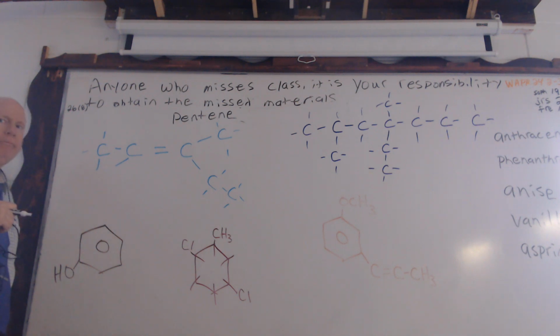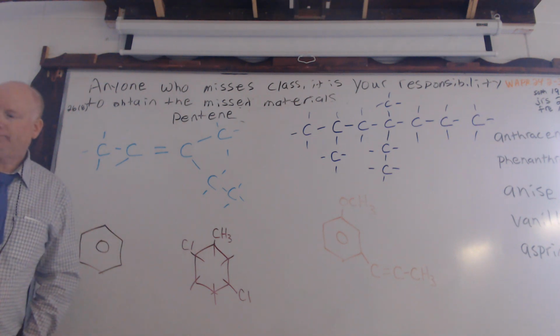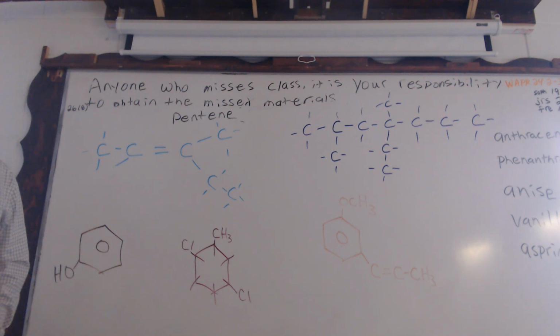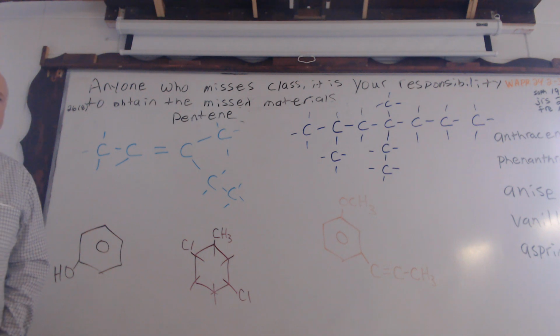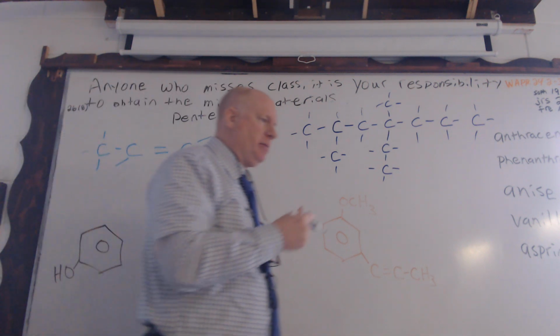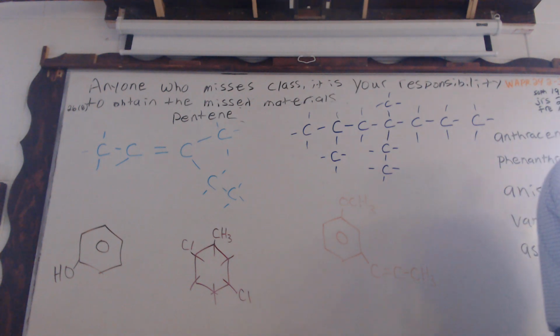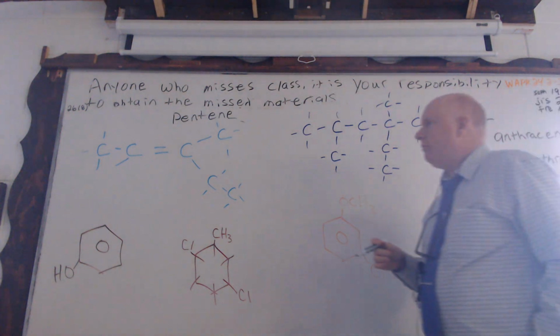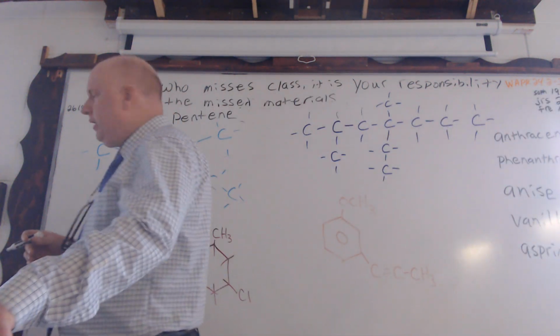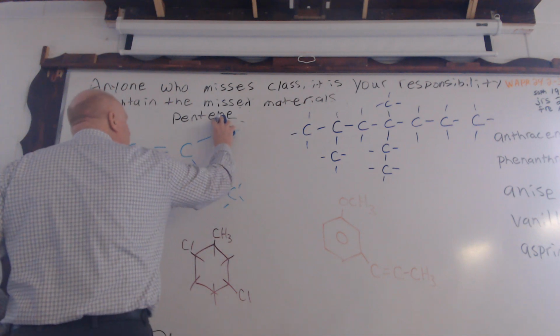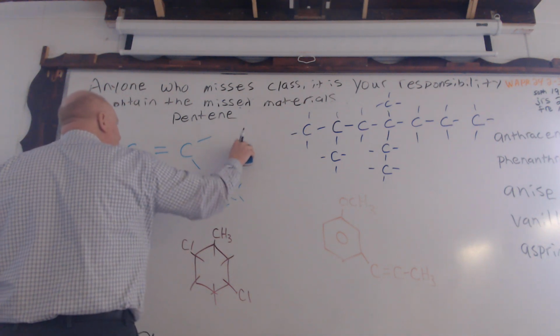Nope. Trans. Nope. We said the cis isomer, that's incorrect. We said the trans isomer, that's incorrect. So if we wanted to make this per se this instead, I bet maybe that makes it a little more clear.